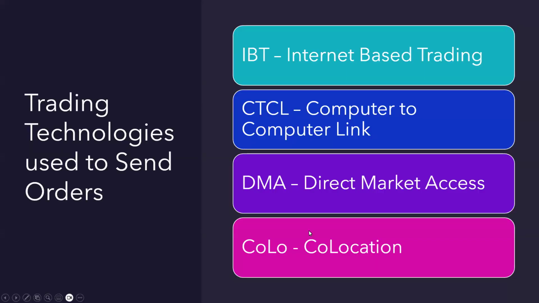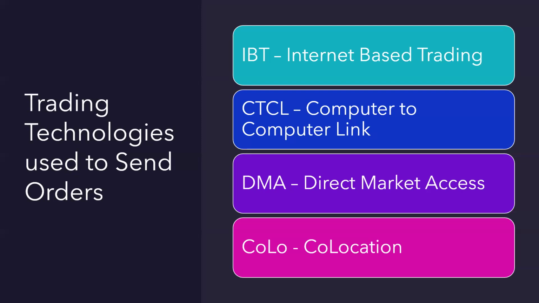So let's try to understand some of the basic trading technologies used to transmit orders. We retail traders use IBT terminals. IBT means internet-based trading terminals, the web-based trading terminal, and some people use mobile terminals to place orders.